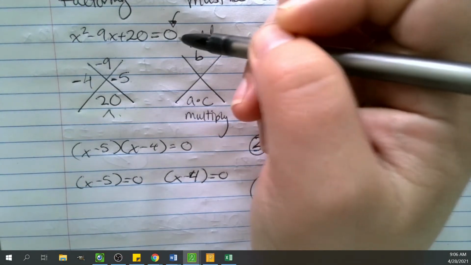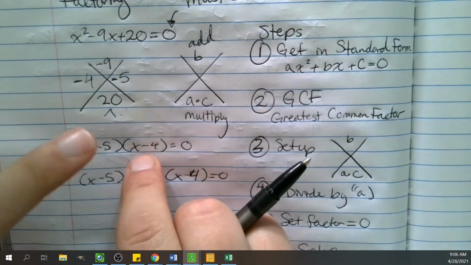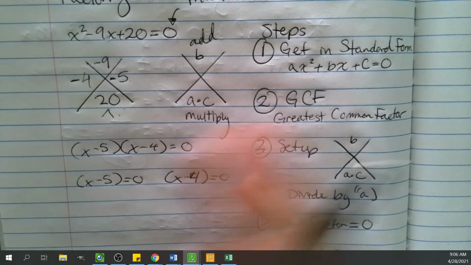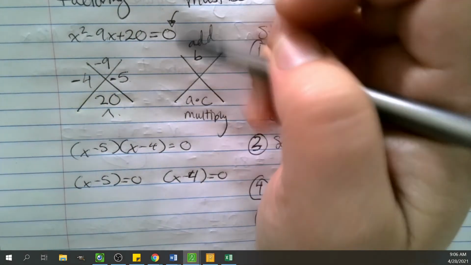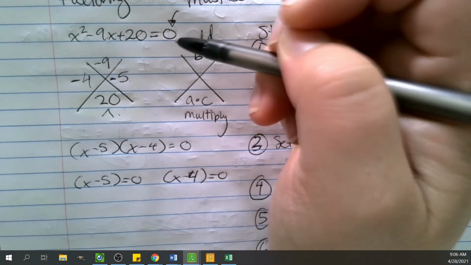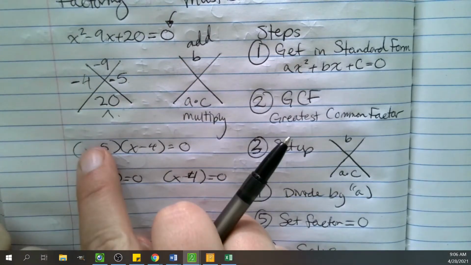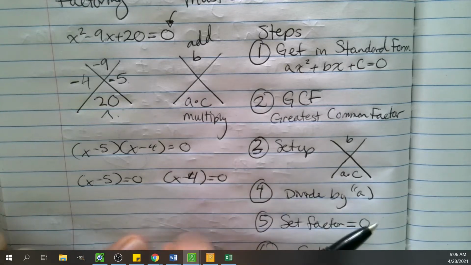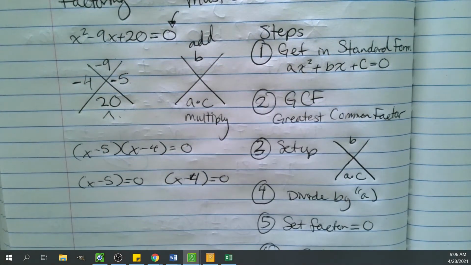If this was a 1, then I couldn't know they both have to be 1s. It could be 2 and 2.5. It could be a whole bunch of different groups. But if this is 0, the only way to get 0 is for one of these numbers to be 0. That's why we have to have 0 to start or you can't do anything.